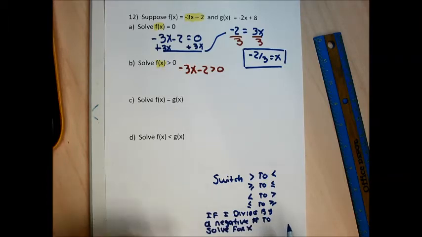If I don't divide by a negative number to solve for x, then I'm not going to switch the direction of the inequality. Let me do part B to show you when you'd switch the inequality.